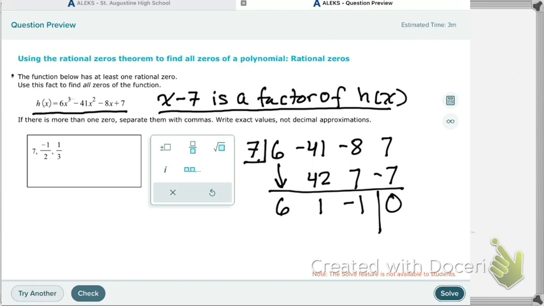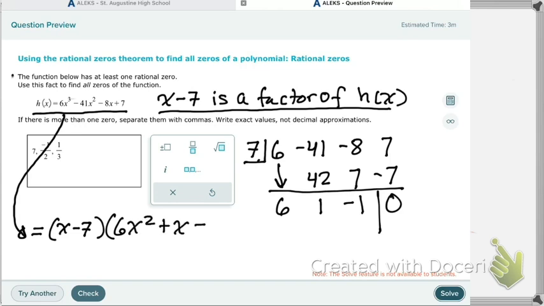All right, now, so with all the information that's on the page now, I can say this. I'm going to draw an arrow down here and say that this is equal to x minus 7 times 6x squared plus x minus 1. Okay? Well, now what?